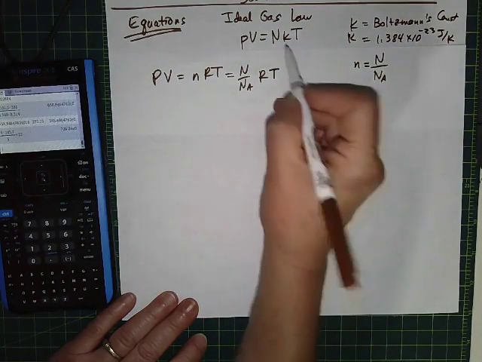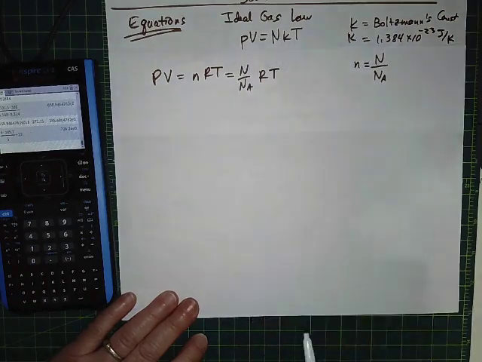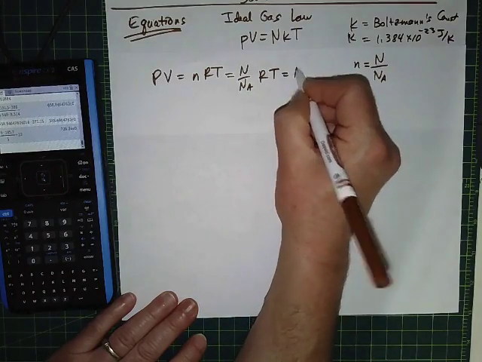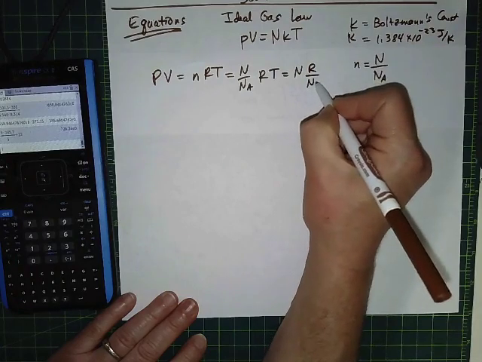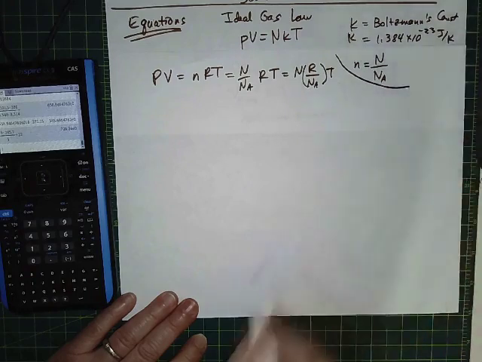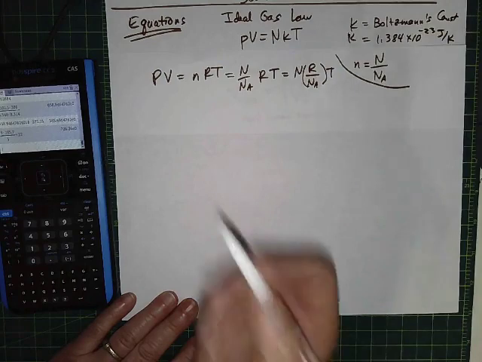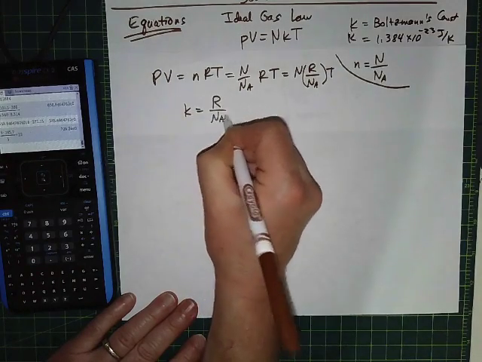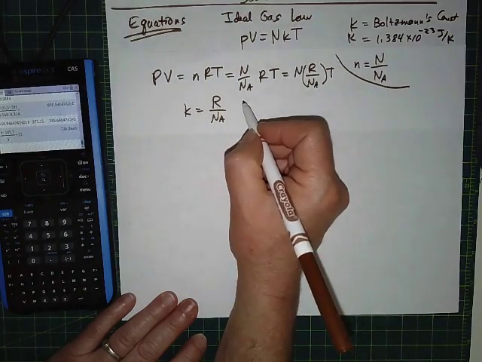All right, so now we're getting close. We've got our N in there, and the next thing is to rearrange. Let's bring this N sub A in, dividing everything. We can rearrange the way we write it to be R divided by N sub A, and that is Boltzmann's constant. So k is R over N sub A. Again, R was a constant, N sub A is a constant, and so k is just a new constant.